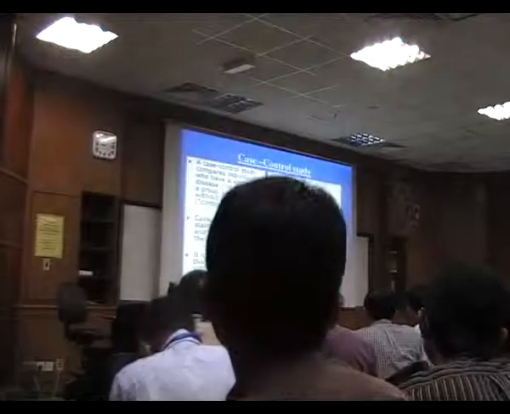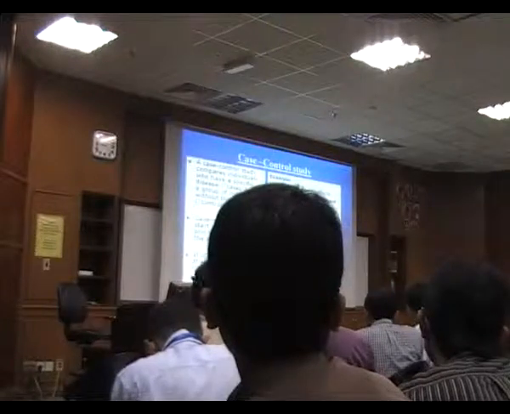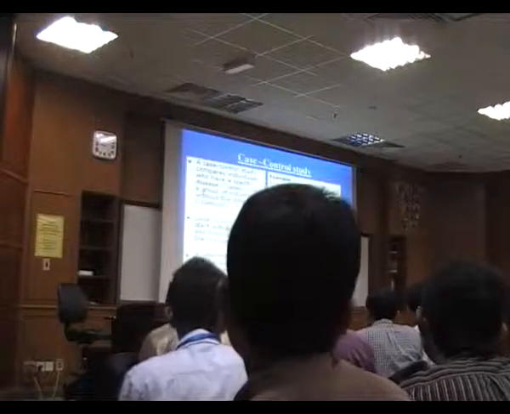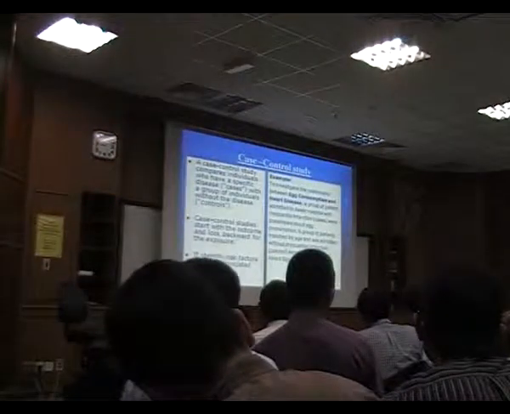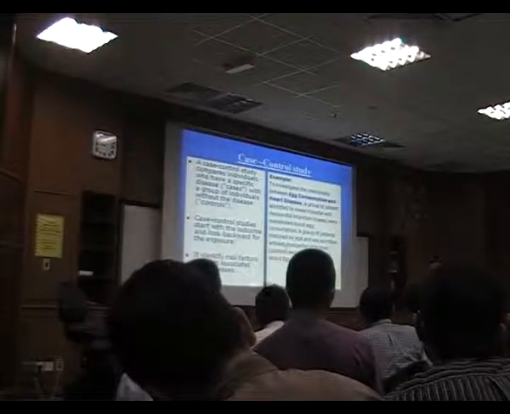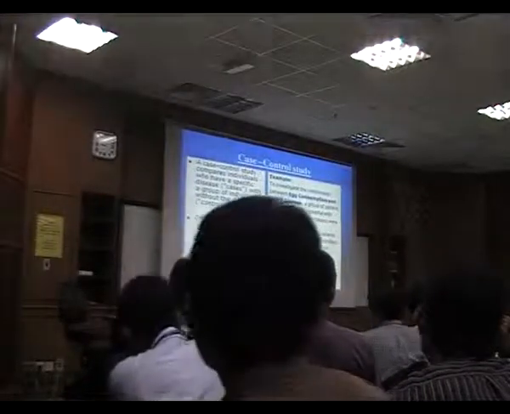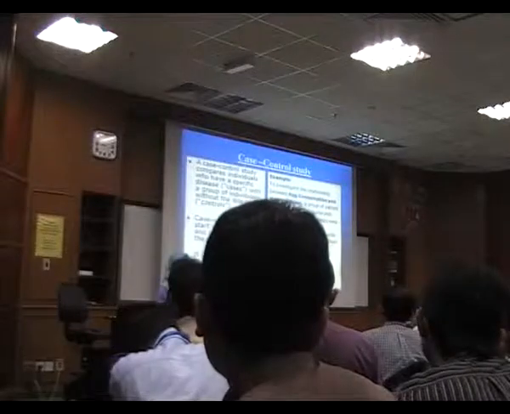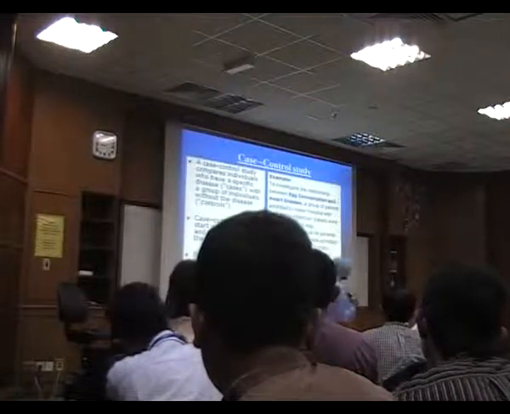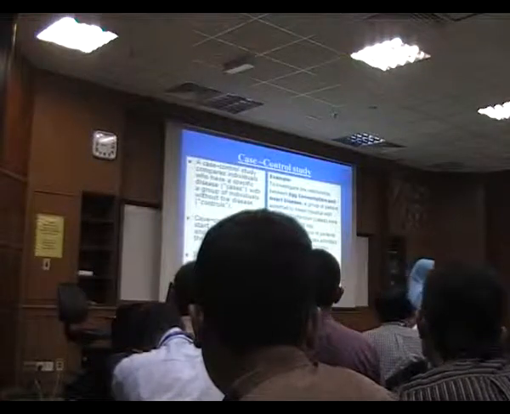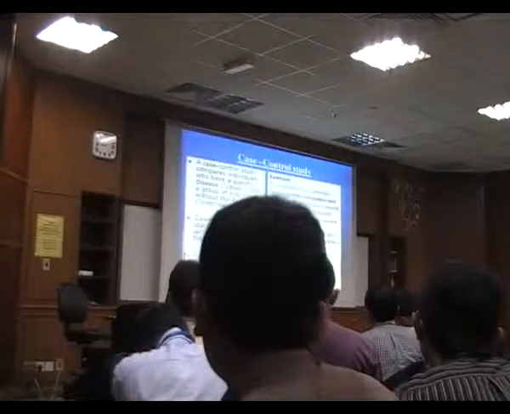Those individuals may suffer from other diseases, but they cannot suffer from lung cancer. You understand? Okay? You understand? So, you have case and control. Case is suffering from the disease of interest. Control is suffering from other disease, but not the disease of interest.